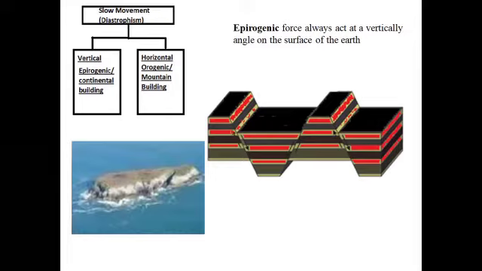Now, these epirogenic forces can be divided into two types, that is upward force or downward force. What is upward force? A part of the earth crust rises in relation to its surroundings under these forces. Upward force helps in the upliftment of landform, whereas downward force helps in the submergence or subsidence of any landform.